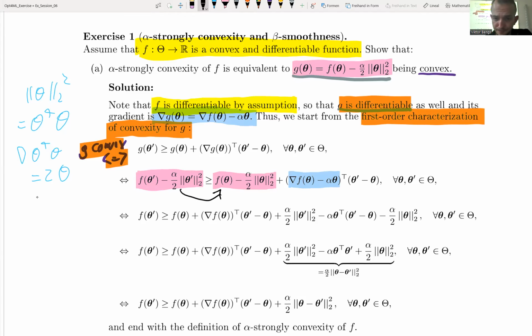And if you do this, where is this term occurring? We have it here. What we also did was this minus alpha half times the squared Euclidean norm of theta, which is here at the end.